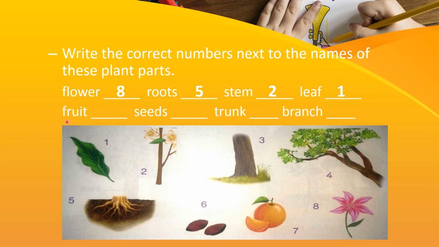The next word is fruit. This is fruit and the number of fruit is 7. So we will write 7. The next word is seeds. Seeds means seeds. And the number of seeds is 6.